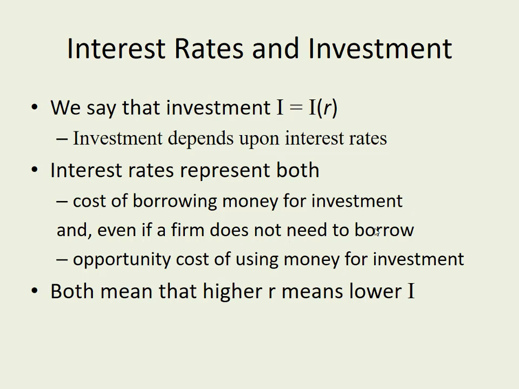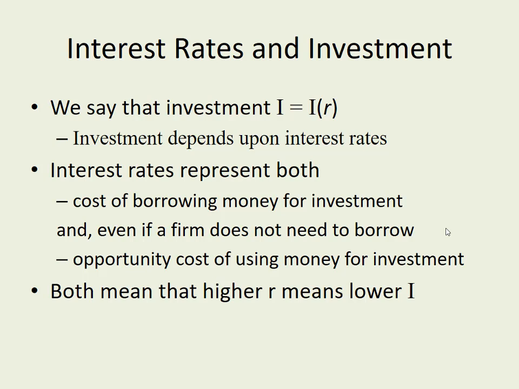But even if you don't need to borrow, you've got a whole stack of cash and think, hey, look, let me put this cash into a new building or employ some new people. The interest rate still affects you because instead of taking that money you already have and applying it to your business, having to work and do risky stuff to earn money, if the interest rate is really high, you think, hey, let me just stay in bed and not worry about doing some extra work.